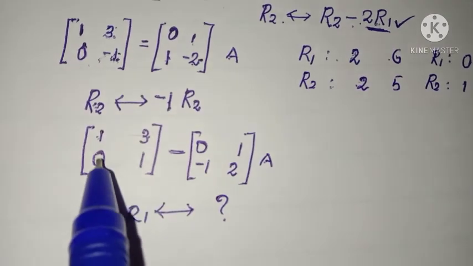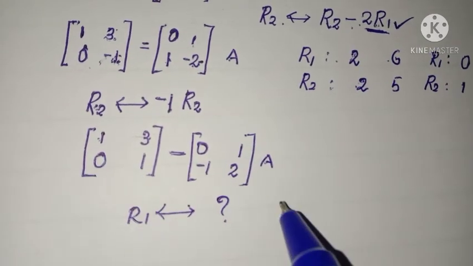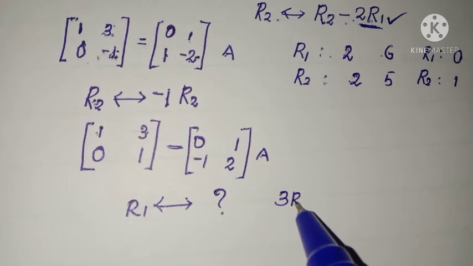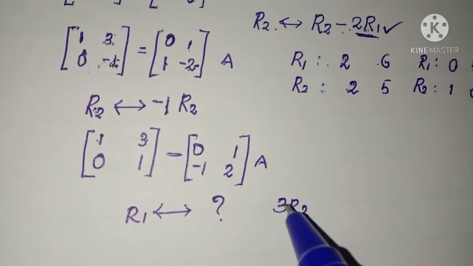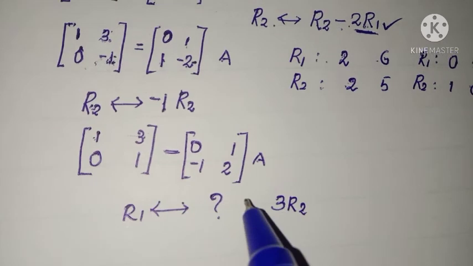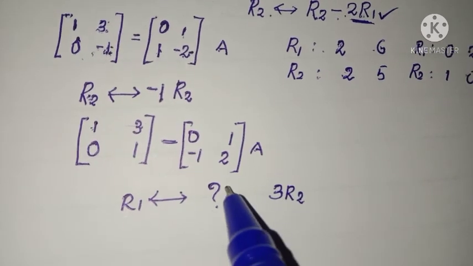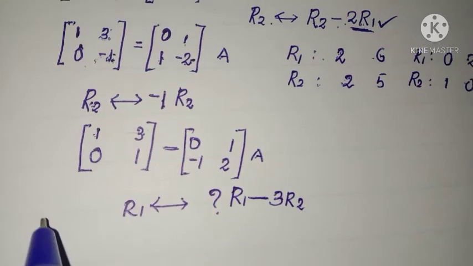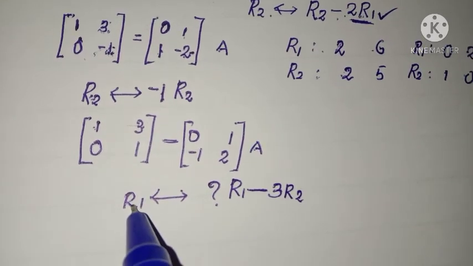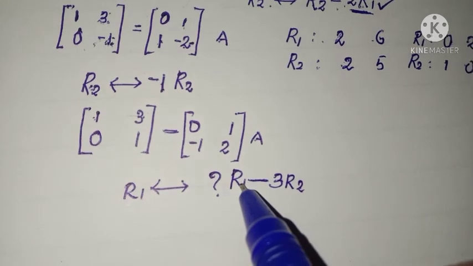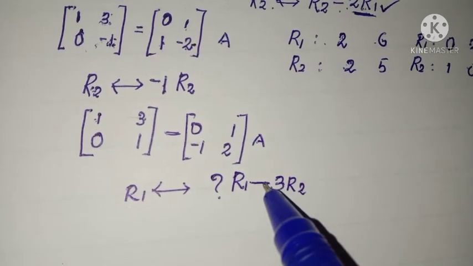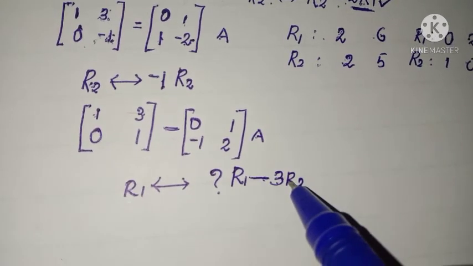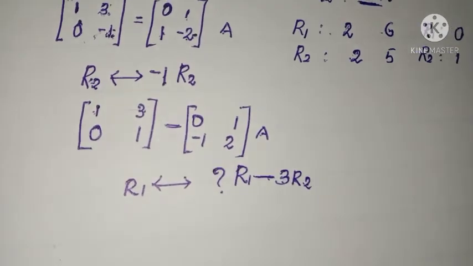For this, multiply this second row with 3. Okay, multiply this second row with 3 and subtract the values from the first row. Okay, the first row we want to convert. So from the first row, we need to subtract the scalar product of the second row by 3.